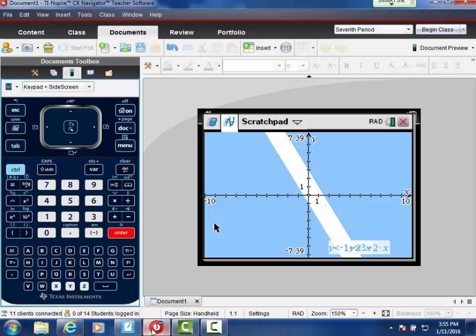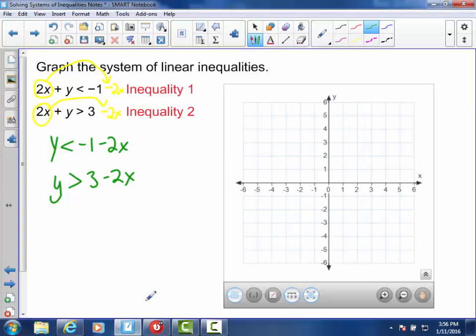Okay? So let's go ahead. We can see that one of our lines is crossing the y-axis at negative 1, and our other line is crossing at positive 3. Okay, so going back here, y is negative 1 minus 2x.